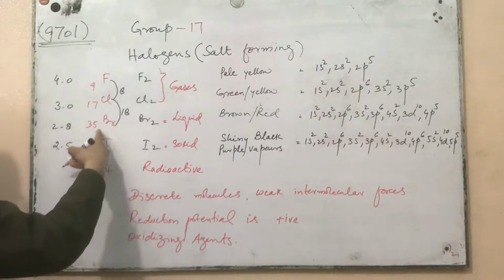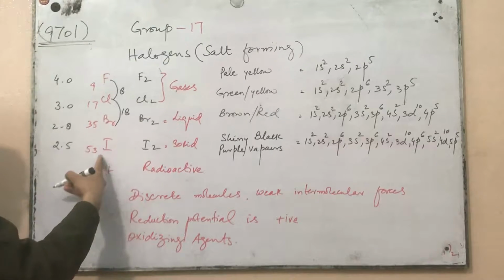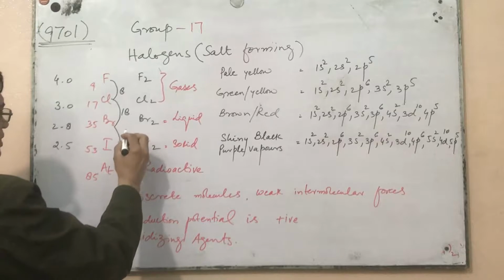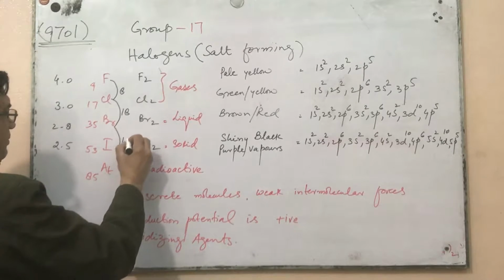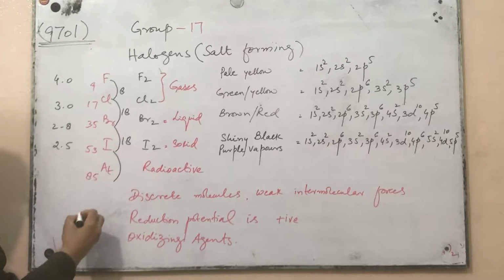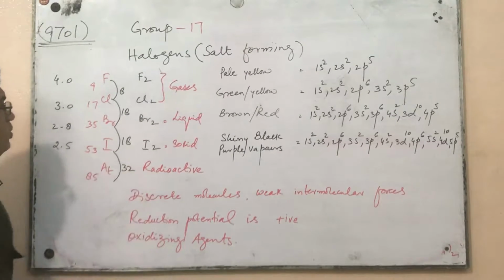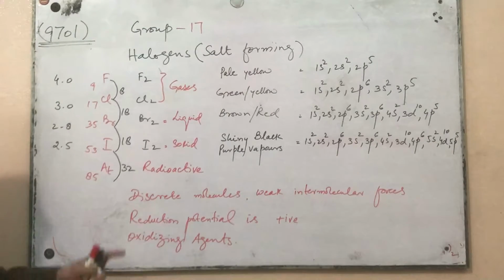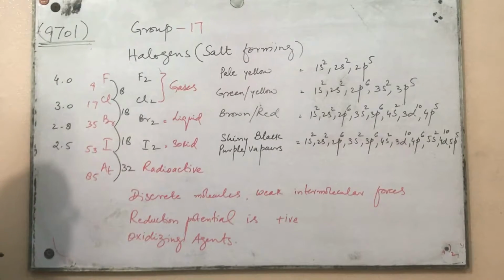And then from bromine 35 to iodine 53, there is another difference of 18. And then from iodine to astatine, there is a difference of 32. In this manner, we can easily find the proton number of an element on the basis of this pattern.